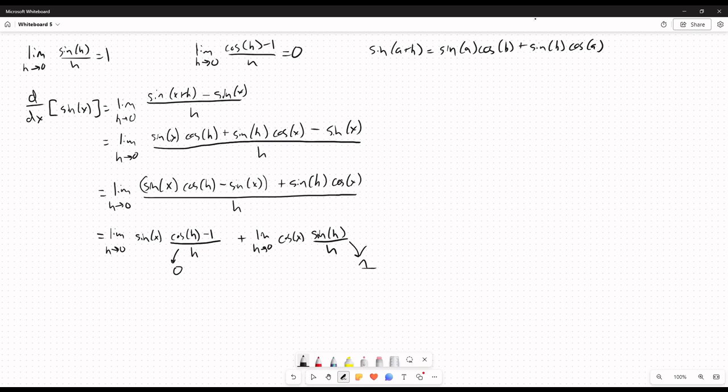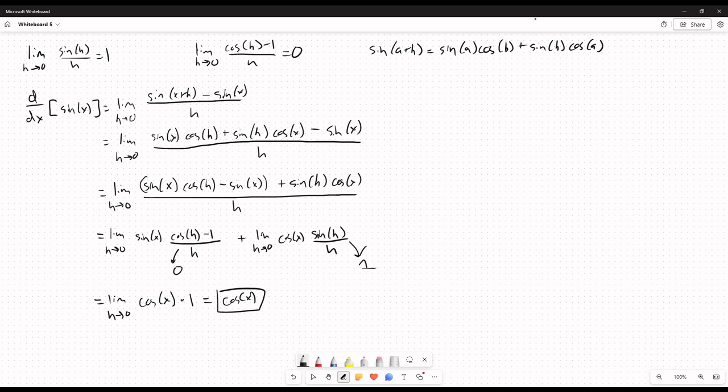So once we do this, all we're left with is the limit as h approaches 0 of cosine of x times 1, and x doesn't depend on h at all, so this is just cosine of x, which is exactly what we know the derivative of sine should be.